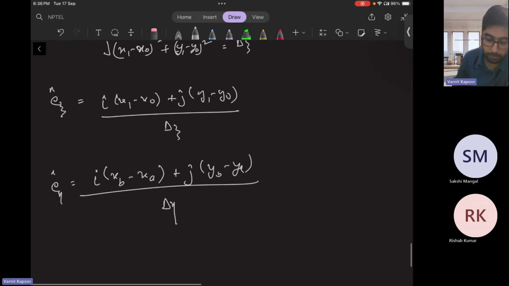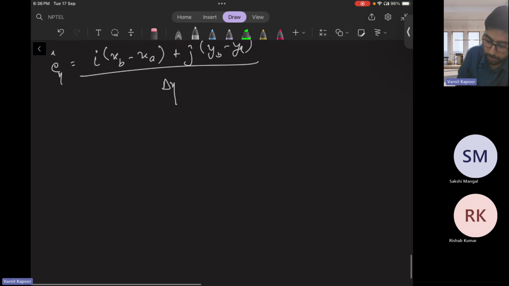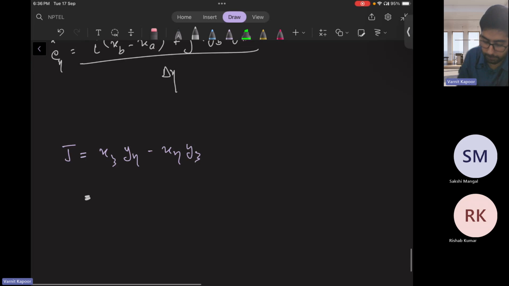Now, what was our Jacobian, which you are writing in the denominator? The Jacobian was written as x zeta y eta minus x eta y zeta, right? You have already calculated that above.